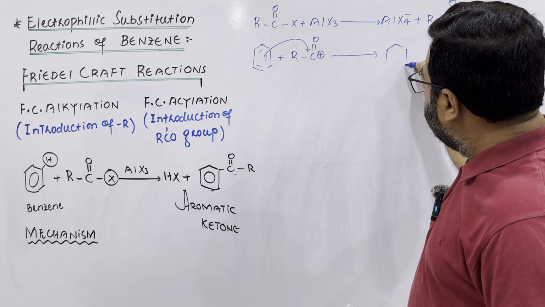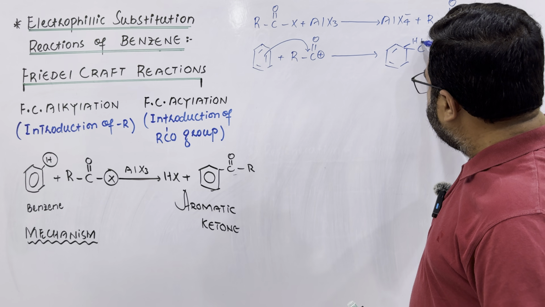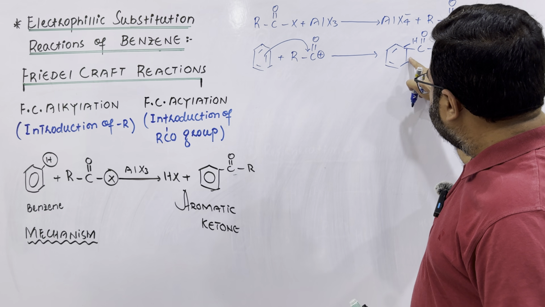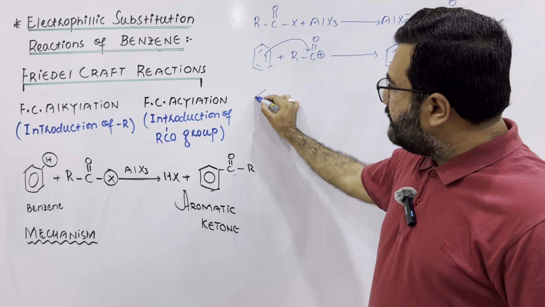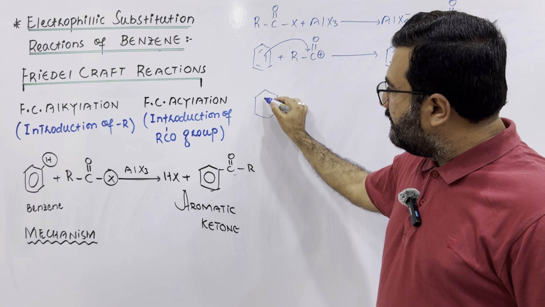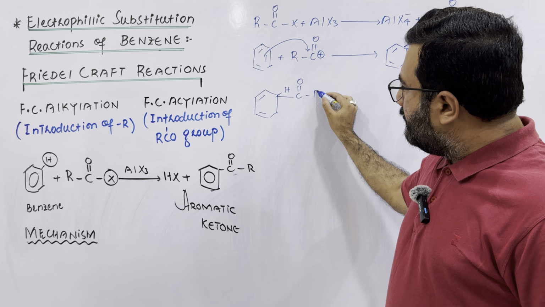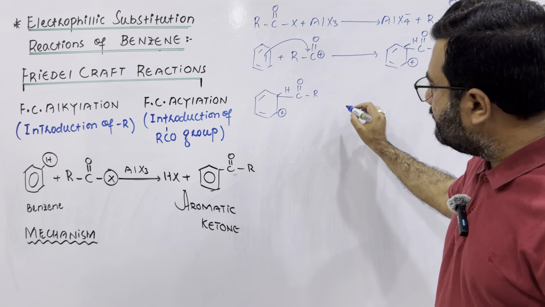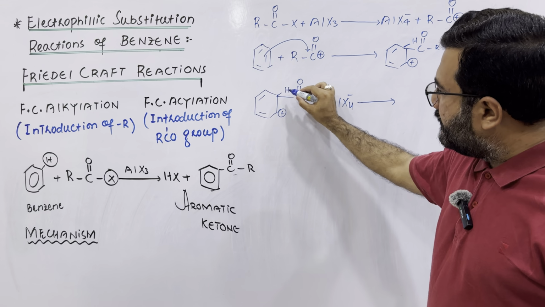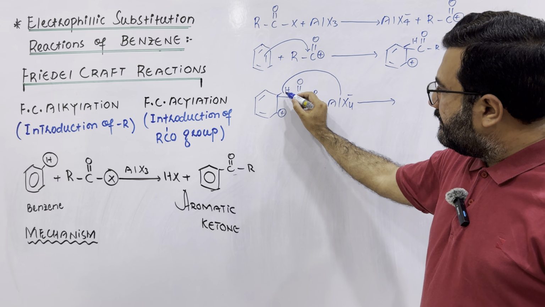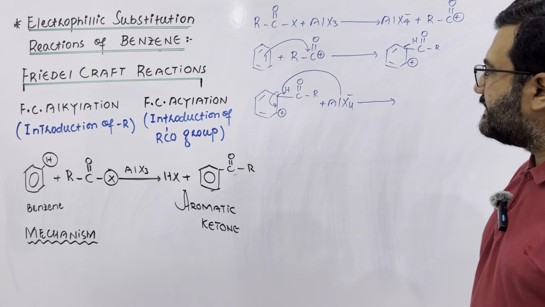and you will get a cyclic carbocation. This one will be an example of a secondary carbocation. And now, my dear students, in the last step, there will be regeneration of the catalyst, the Bronsted base will join the hydrogen with it, and the bond which was between carbon and hydrogen will be shifted inside the ring.